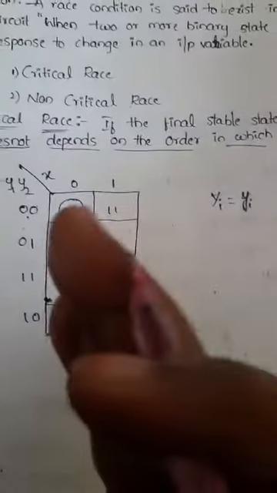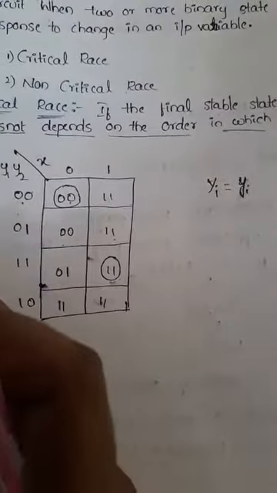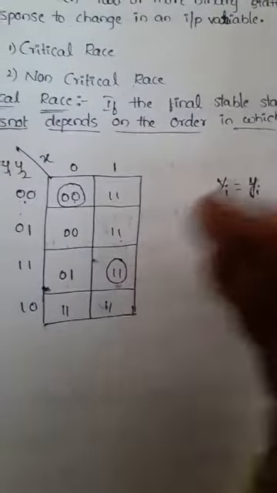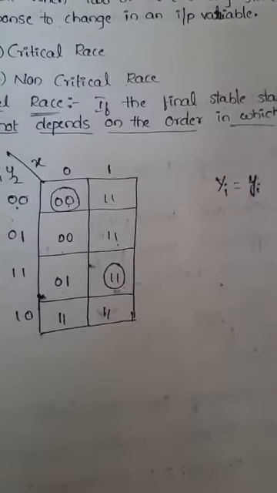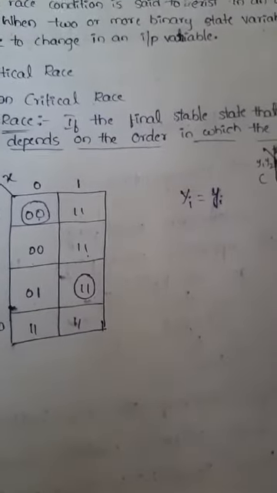If the input variable is changed with respect to the secondary variable, are we getting the stable condition, whether it is equal to the previous stage or not, we need to check it. So just observe clearly.